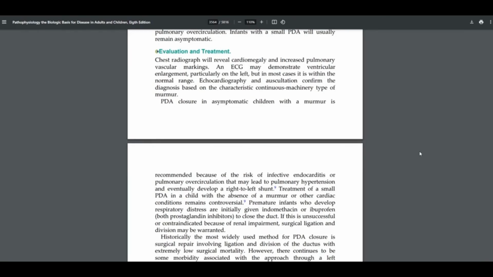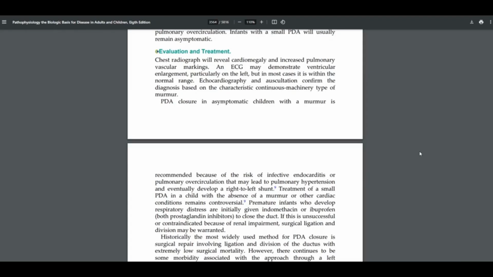So our evaluation and treatment. Well, a chest radiograph will reveal cardiomegaly and increased pulmonary vascular markings. An EKG may demonstrate ventricular enlargement, particularly on the left, but in most cases it is within the normal range.